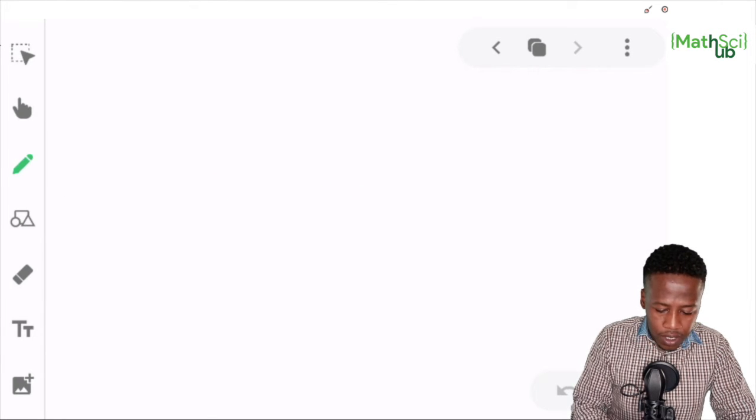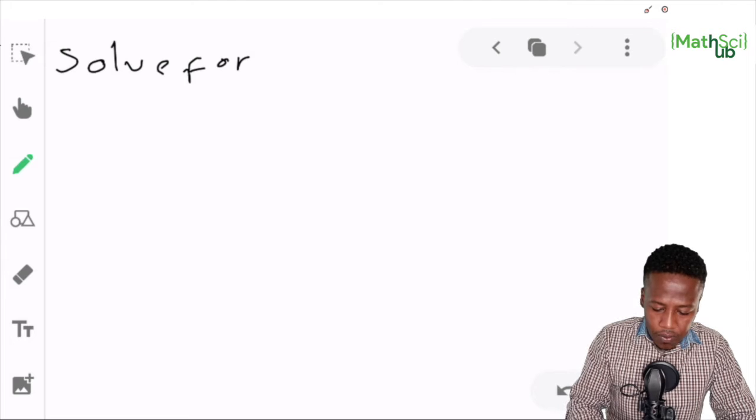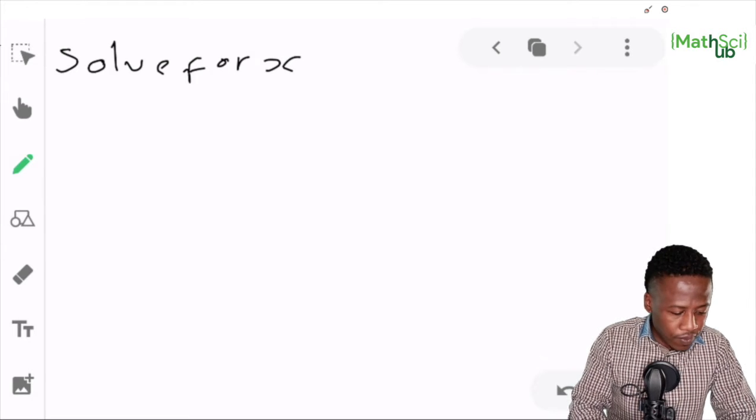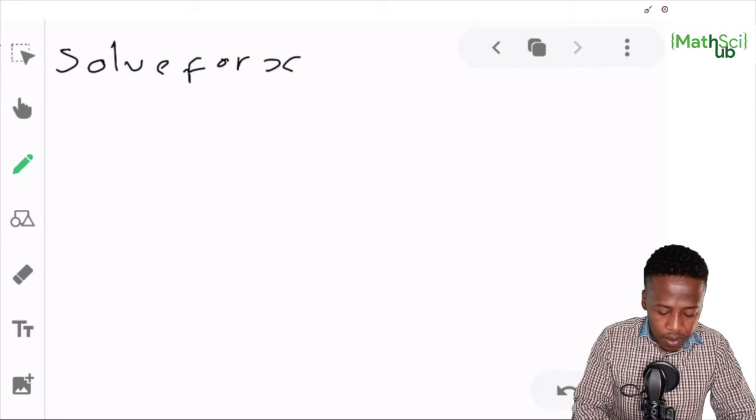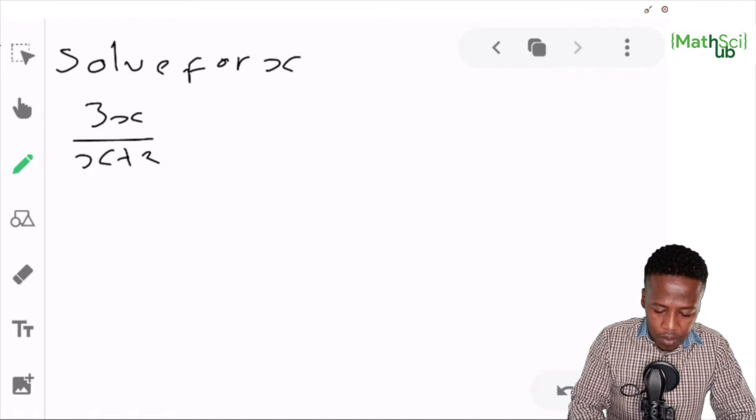The first one says solve for x, and we have 3x over x plus 2. I'm sure by now you are used to my handwriting, so it's not confusing.